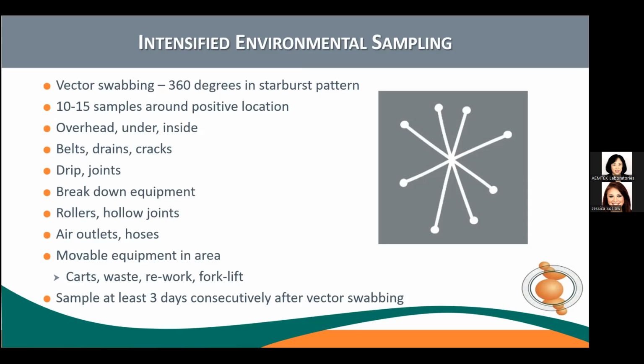You want to sample at least 3 days consecutively after a vector swabbing, because sometimes after intensive cleaning and sanitation, the pathogen source is only slightly inhibited, but it may still be present. So continuing sampling after the vector sampling will help you detect if that's the case.